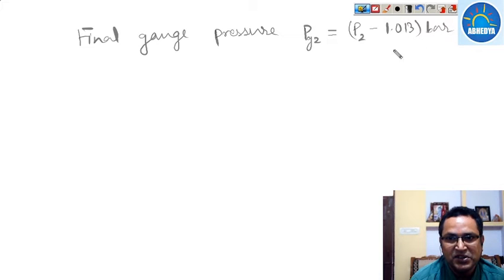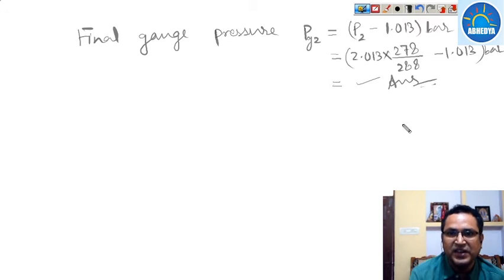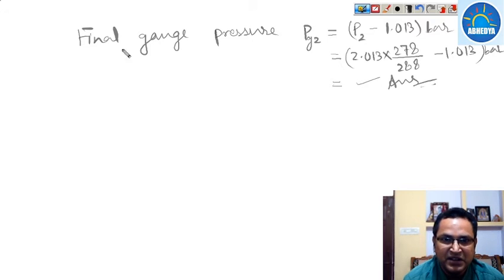This much amount is the gauge pressure, and P2 is nothing but 2.013 into 278 divided by 288 minus 1.013. So this is the final gauge pressure. Once you calculate it, you will get the answer, what is the final gauge pressure.